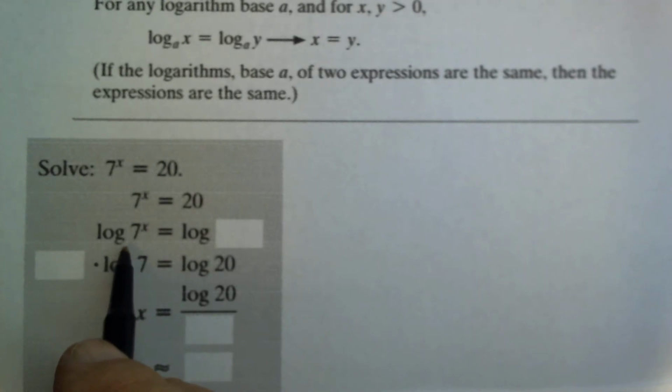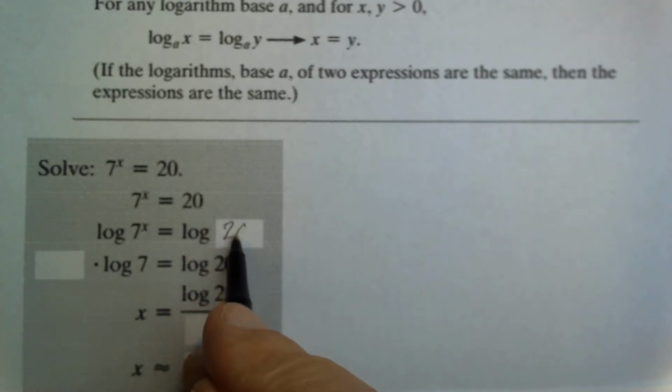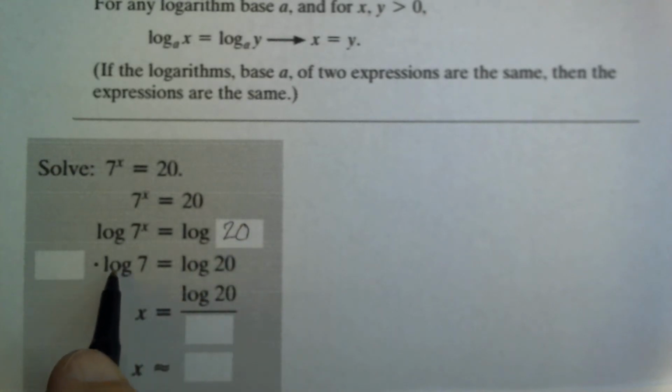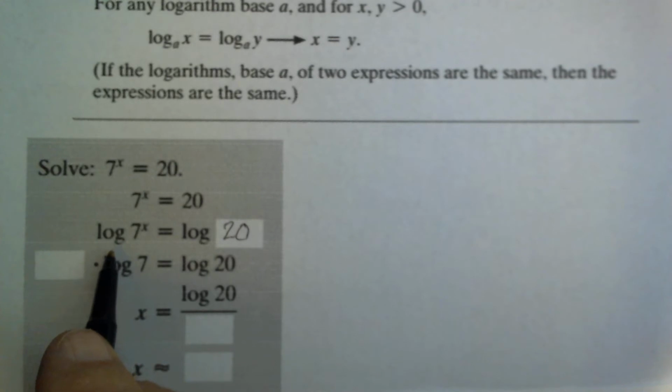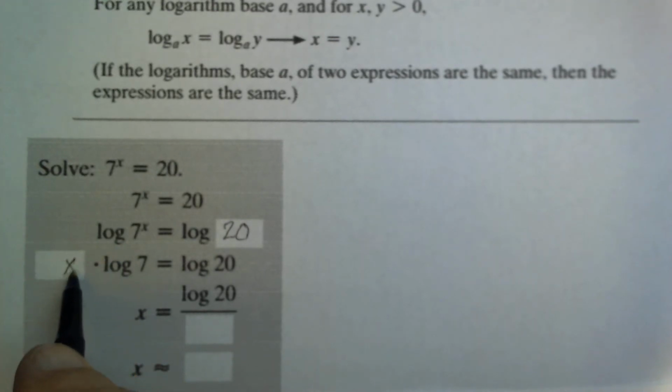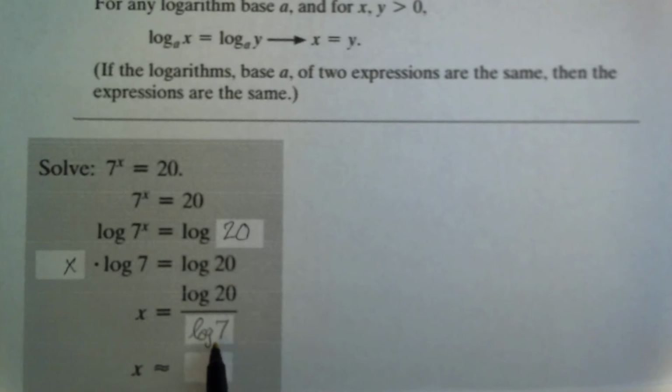So log 7 to the x equals log of 20, and then based on the power rule of the log, this means x times the log of 7. We solve for x by dividing both sides by the log of 7. So x equals the log of 20 divided by the log of 7.